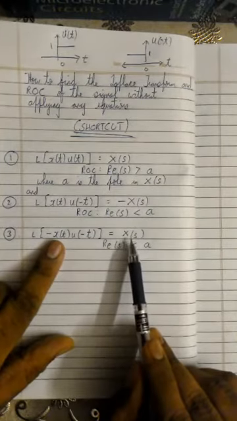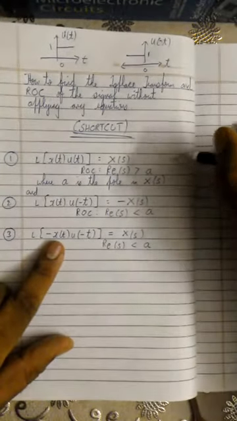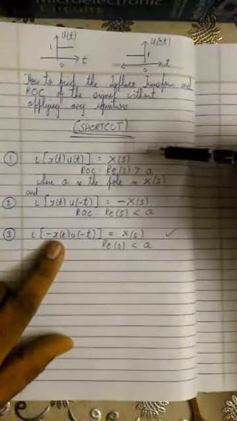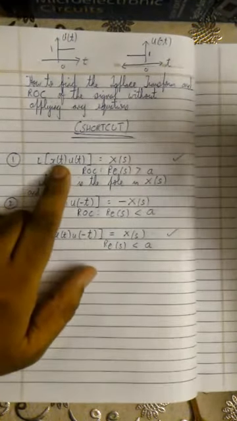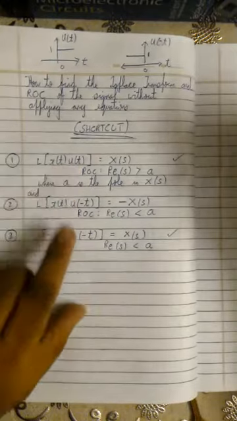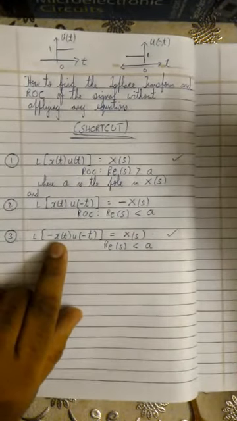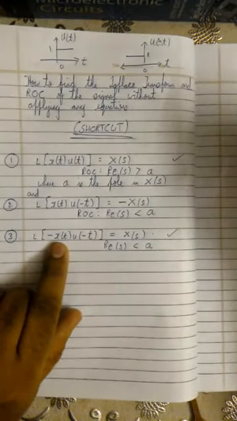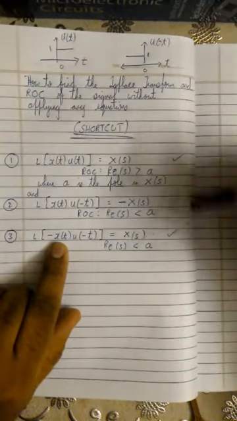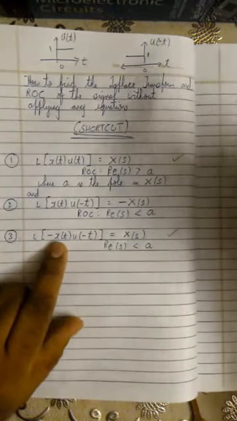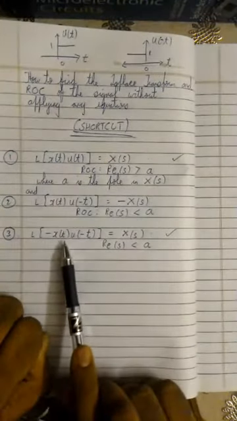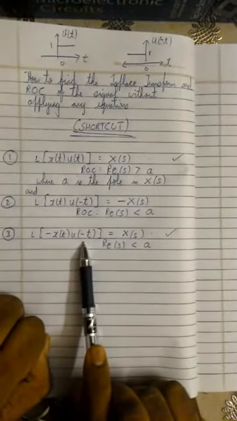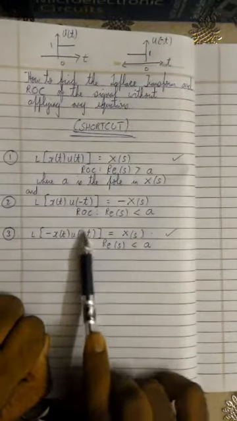If you look at this formula and this formula, the Laplace transform is exactly the same. The Laplace transform of x of t u of t is also equal to the Laplace transform of minus x of t into u of minus t. Both have the same value X of s, but this is a right-sided signal, whereas this signal is multiplied with u of minus t, so it is a left-sided signal.